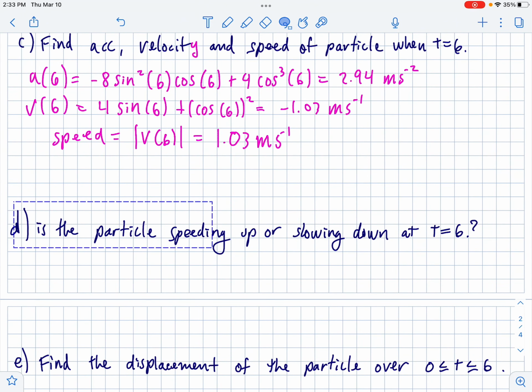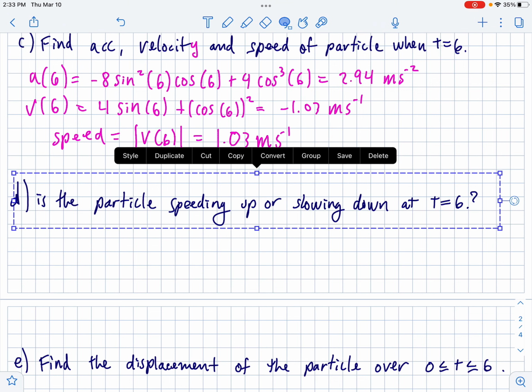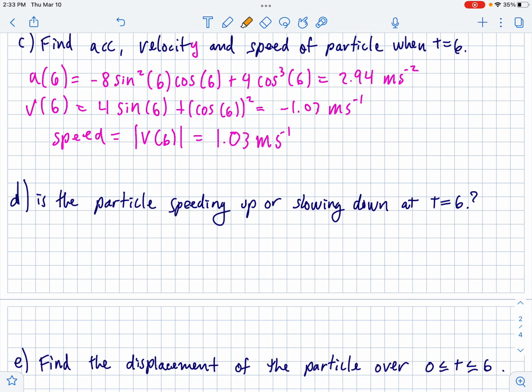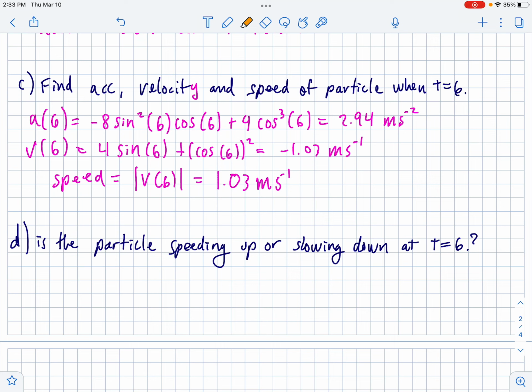Part D, is the particle speeding up or slowing down at t equals 6? You have to think way back to first semester, it's been a while since we've talked about it, but because the acceleration and the velocity are different signs, one's negative and one's positive, that means that it's slowing down.